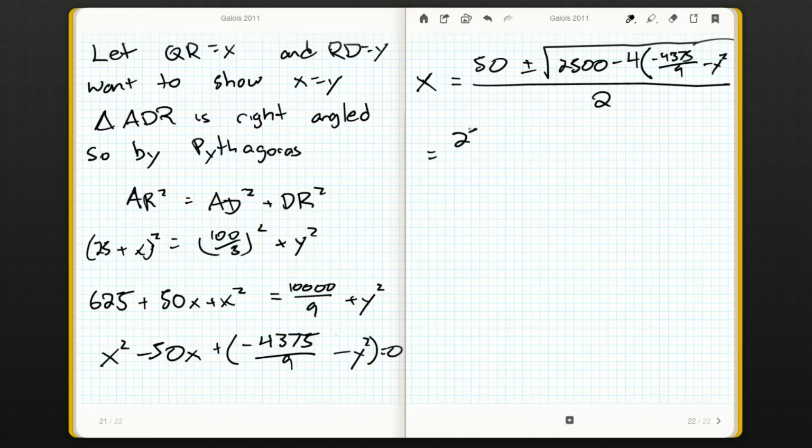So we can take out a factor of 4 from everything under the radical, and it'll come out as a 2 here. 2,500 divided by 4 is 625. These will become pluses.